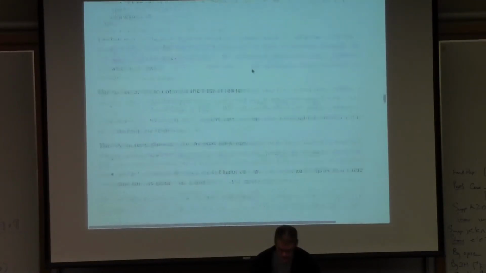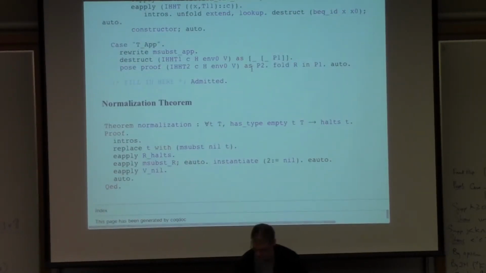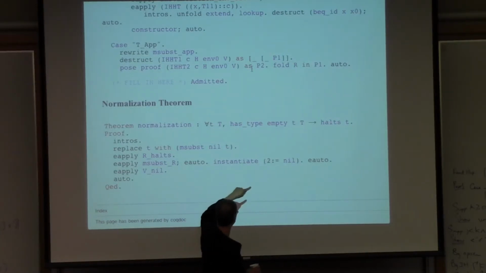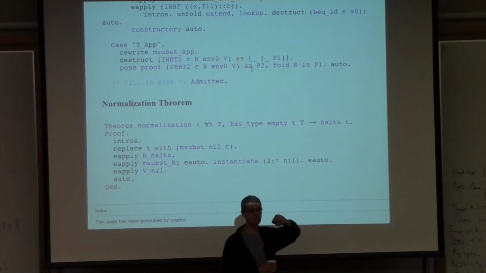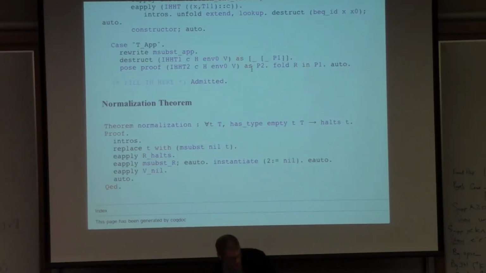There was a theorem at the end that said, for all terms and types, if little t has type big T in the empty context, then T halts. That is, if you unwrap the definition of halts, in fact, let's unwrap the definition of halts.